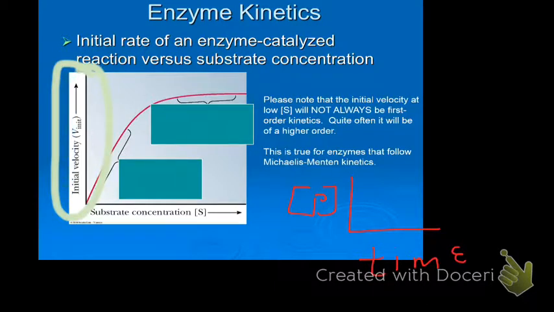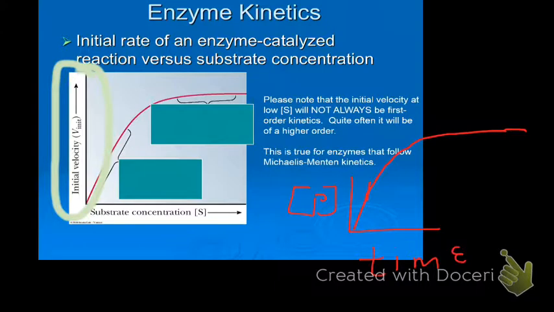At time zero, there's no product because the reaction hasn't started yet. But at first it goes up really fast, because that enzyme's working overtime to make product. Then it slows down, until at some point it completely peters out because you've made all the product you can make. You used up all your substrate.